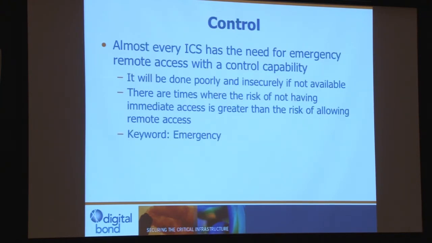Where it gets a lot more dangerous and a lot more interesting is when it comes to control. Now, I'm not saying that you should not have the capability of controlling your control system remotely. For your ICS from a remote location, you probably need some way for emergency remote access.